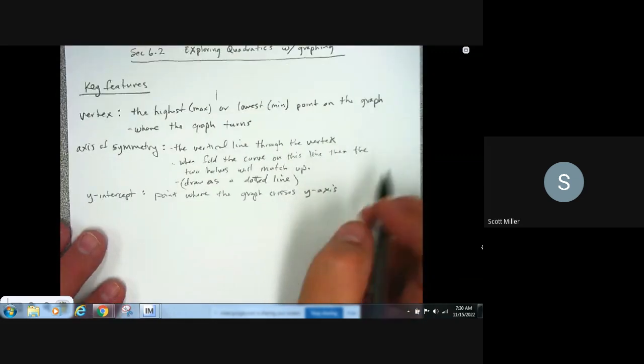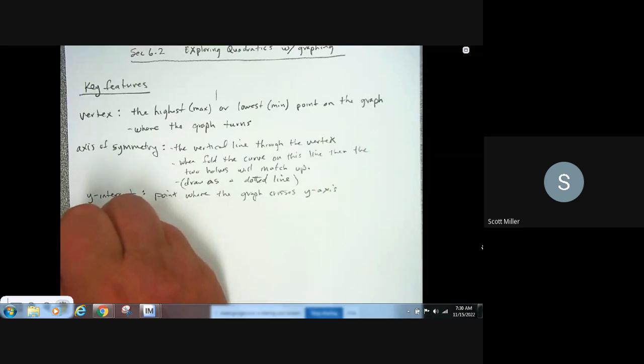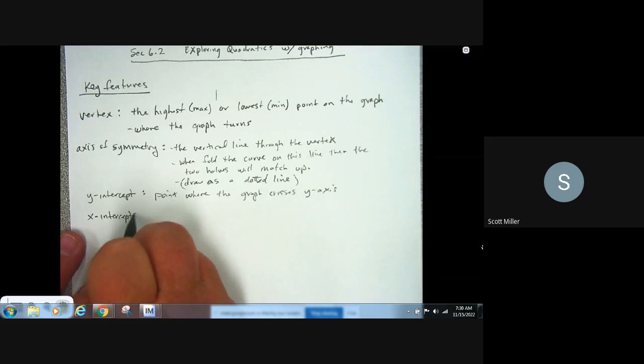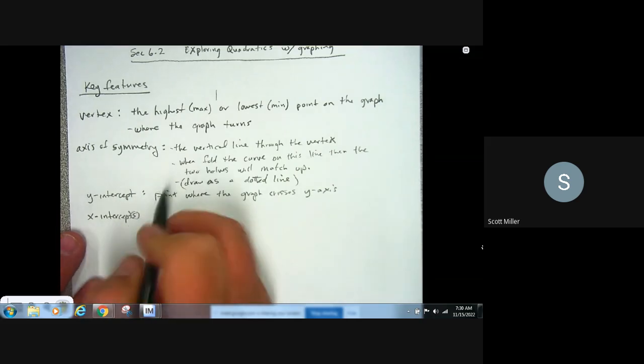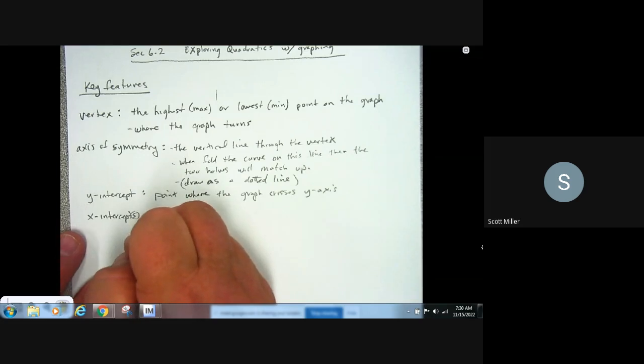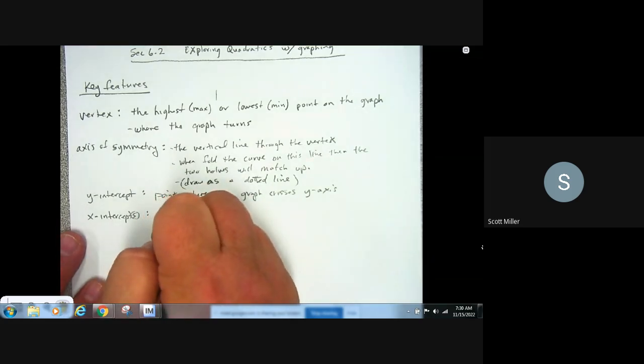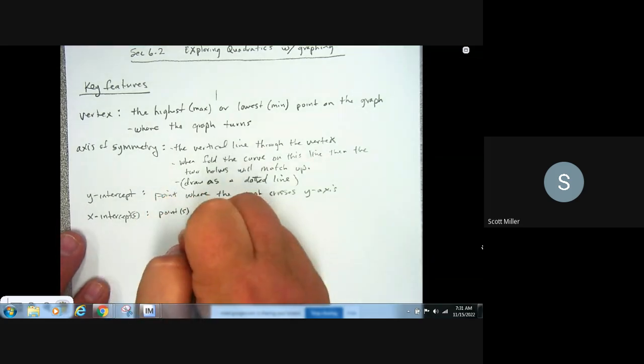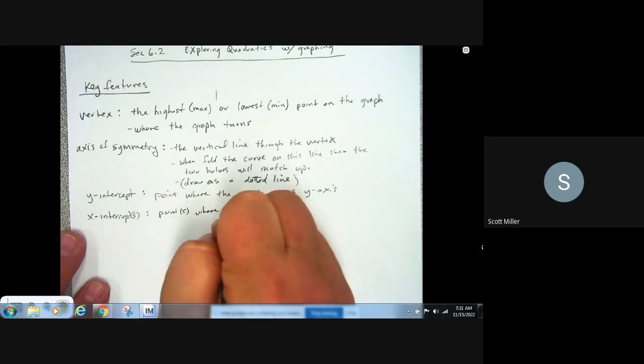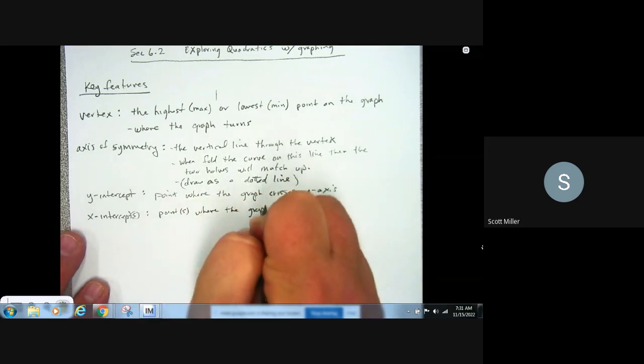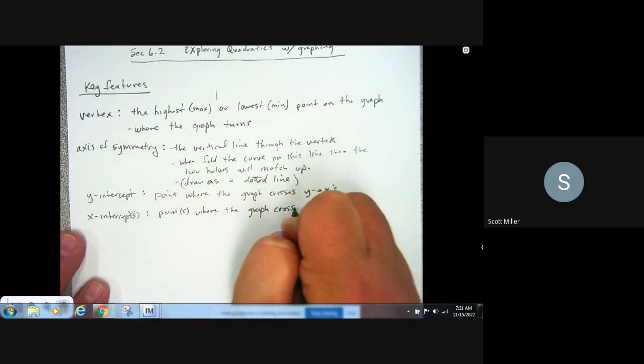Some other key points that you want to look for, you may not always find them at this point in our exploration, but if you can find them, they are the x-intercepts. You could have more than one. You can only have one y-intercept, but you can have more than one x-intercept. It is a point or points where the graph crosses the x-axis.